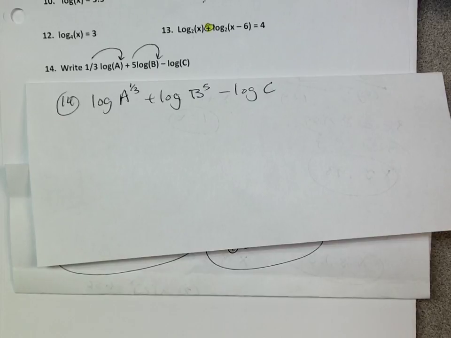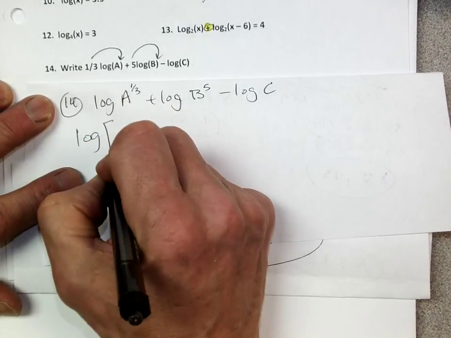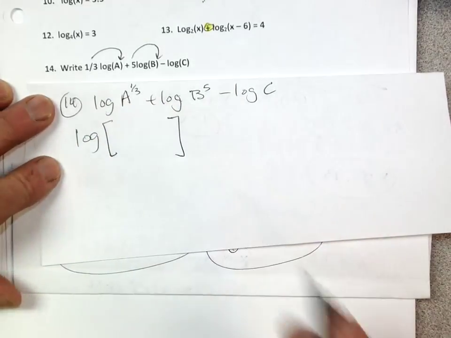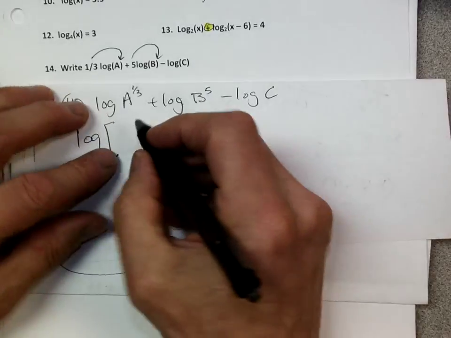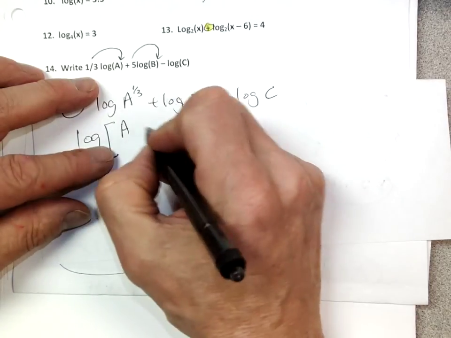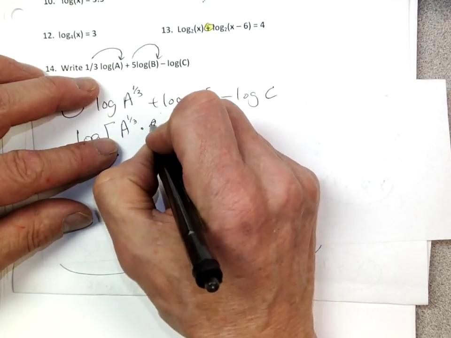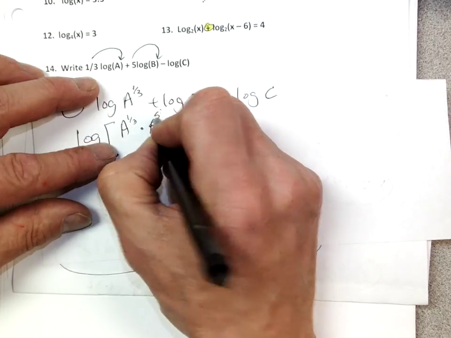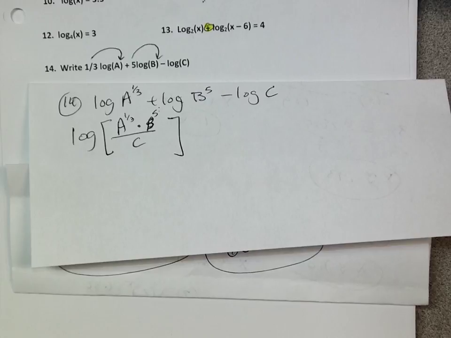Now the second thing is I'm going to rewrite as a single log. Log of what? Don't write the log again, just a single log, okay? A lot of kids mess this up because they write log more than once. It's just log of these things, A, B's, and C's. Well, it's going to be A to the 1/3 times B to the 5th divided by C. And I would take that answer, that's fine.